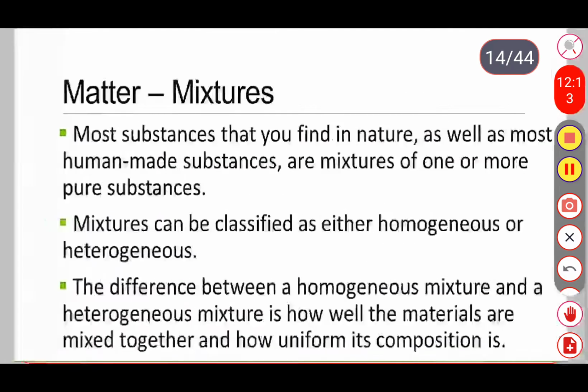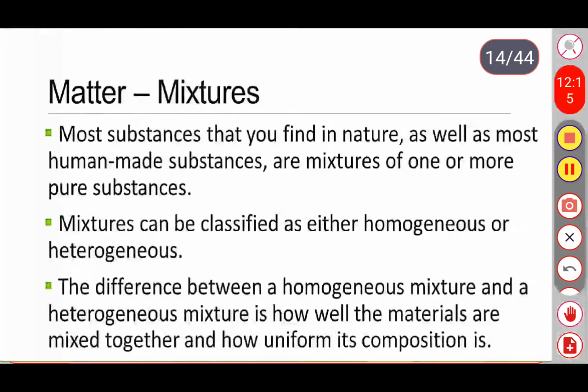See, some more information is given about mixtures. Most substances that you find in nature as well as most human-made substances are mixtures of one or more pure substances.